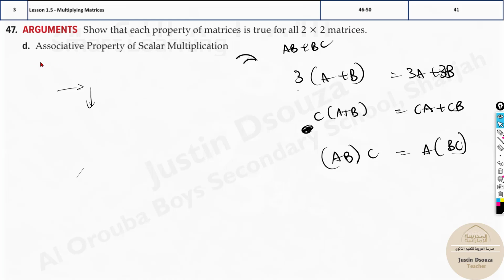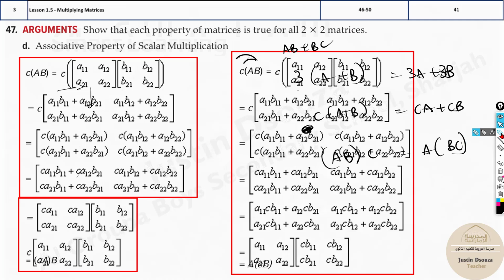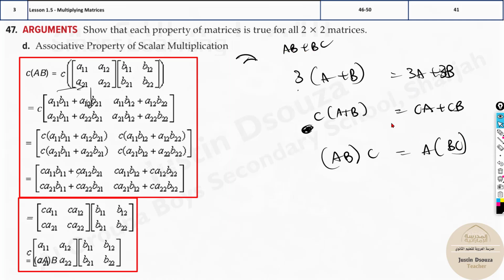Now finally, the last property, that is the associative property of scalar multiplication. I'll tell you this one as well. This is the last one. I'll write it over here. See, if you have a scalar multiplication, okay, it's about multiplication, you have A and B. Which do you multiply it with? Do you multiply the scalar with A and then you multiply? It's fine. Or even this works like this.